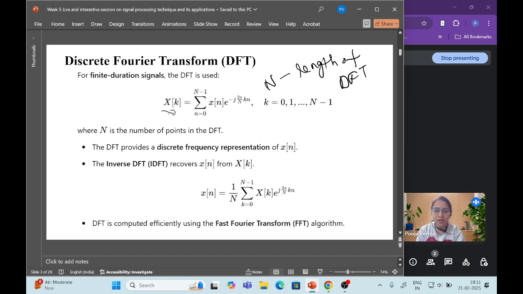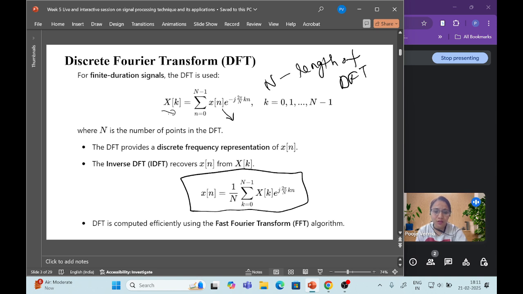The DFT provides a discrete frequency representation of the corresponding x of n, and the inverse DFT can be calculated by this equation. We have converted the original signal x of n to X of k in the frequency domain. Now how can we recover that signal?